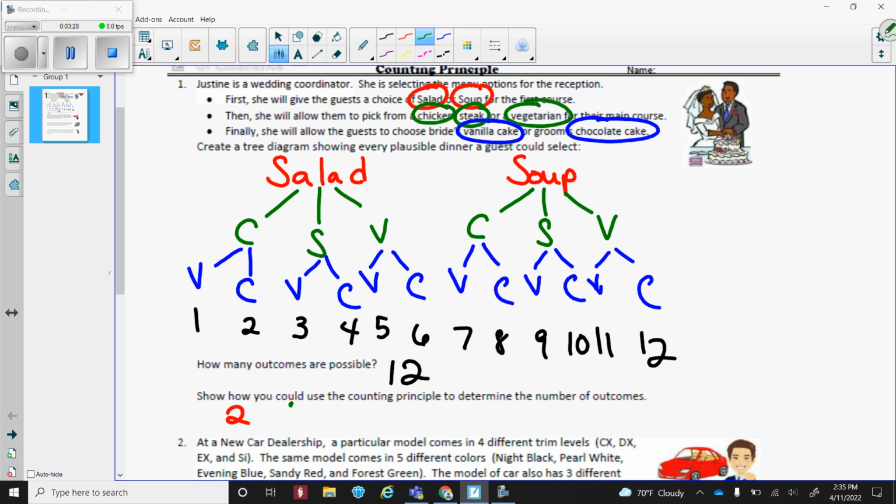I'm going to put the number 3 down. And then for the last one, how many options do we have? We had an additional 2 options. By the counting principle, we're going to take all of our options and multiply them together. So we have 2 times 3 times 2. 2 times 3 is 6, times 2 gives us 12, which is the exact same thing that we got earlier.